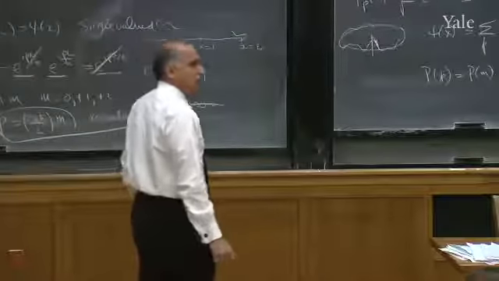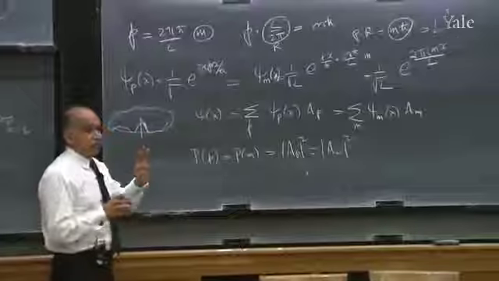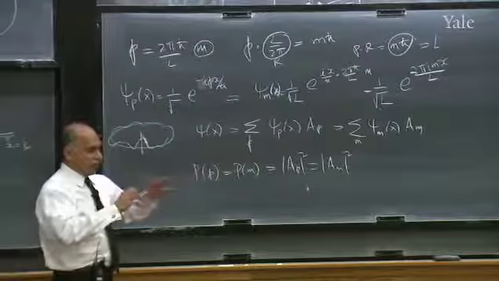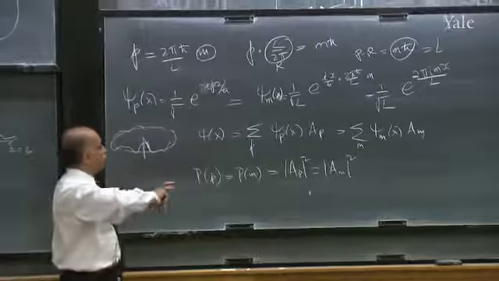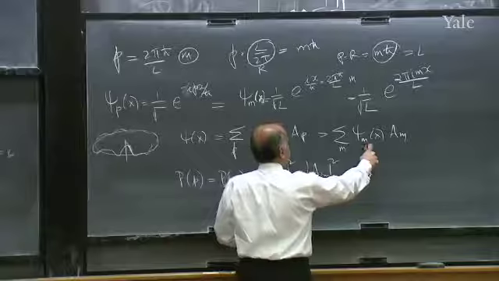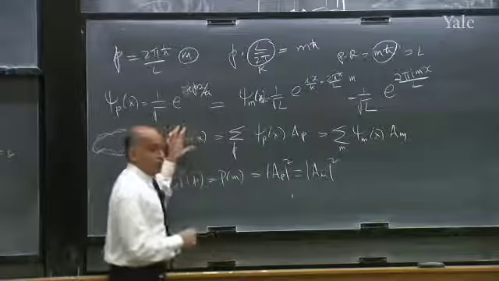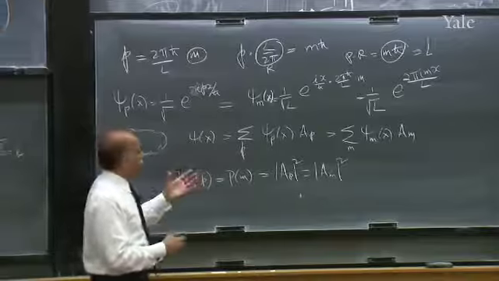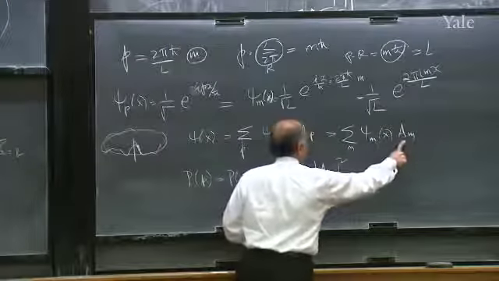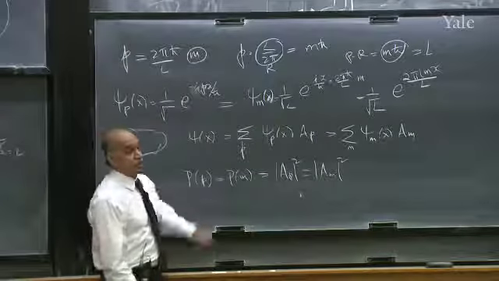Anyway, this is a postulate. Okay, let me repeat the postulate. Somebody gives you a function, you write that function as a sum of all these periodic functions, each with the index m, multiply each with a suitable number so that they add up to give you the function that's provided to you. Once you have done that, the coefficient squared with the particular value m is the probability you will get that value for m, or the corresponding momentum.